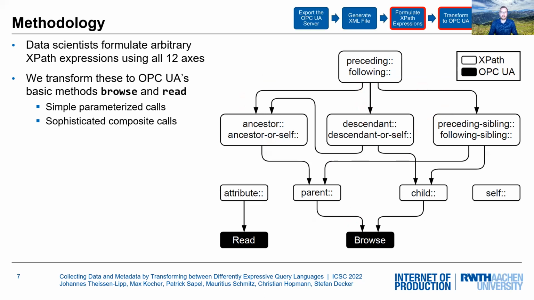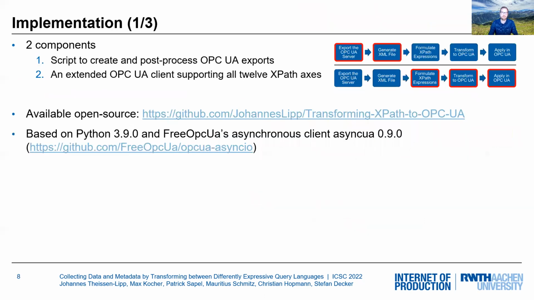And we will now have a look at our implementation details, which consists of two components. The first component is a script to actually create the export from your OpenCOA server and then post-processes it, as I just explained 2 or 3 slides ago, to make it compatible with XPath. So we can actually execute XPath queries on this export.